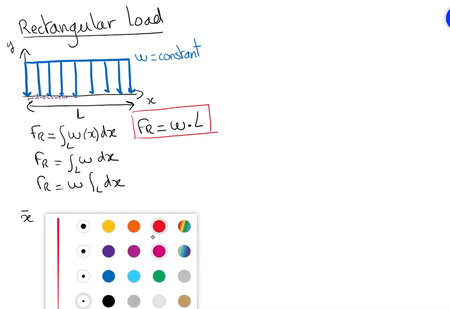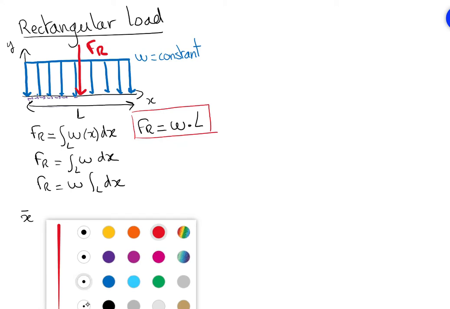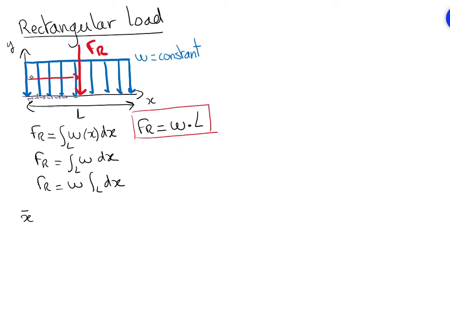Let's say we found FR to replace this load, and now we need to find the location from the point O. The formula for X bar is equal to the integral of x w(x) dx on L, divided by the integral of w(x) dx, and this one is FR.